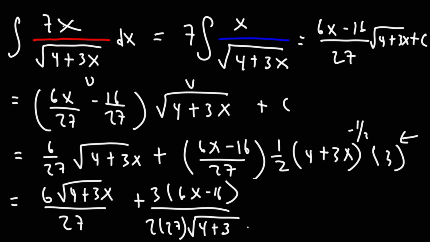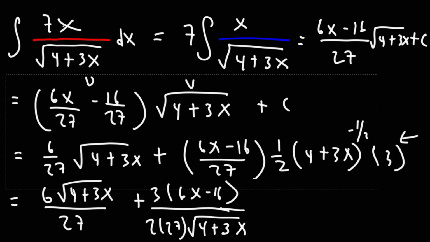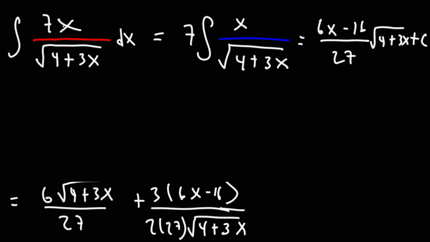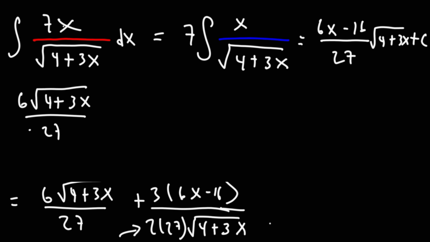So now it's positive. So now we need to combine these two fractions into a single fraction. So to do that, I'm going to multiply this first fraction, which needs a 2 and this radical. So I'm going to multiply it by 2 radical 4 plus 3x.